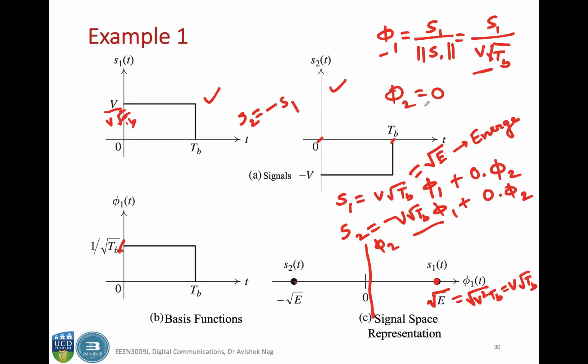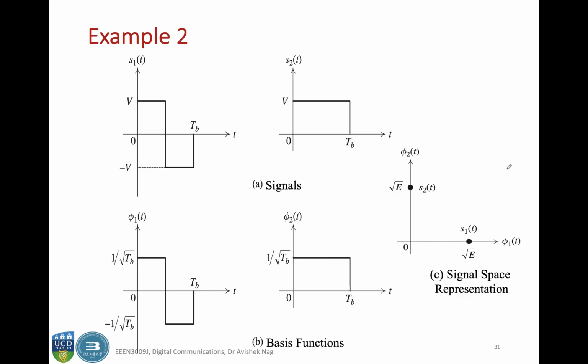In this particular case, your phi 2 is 0. So you stop at phi 1, and you can represent both these signals in terms of phi 1.